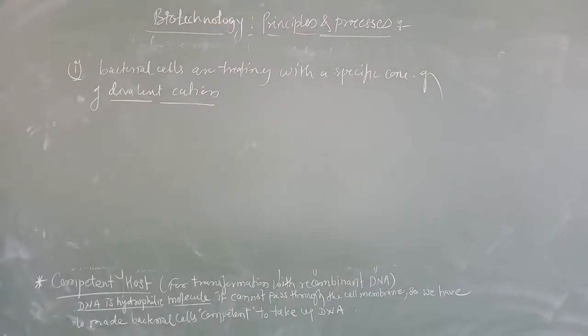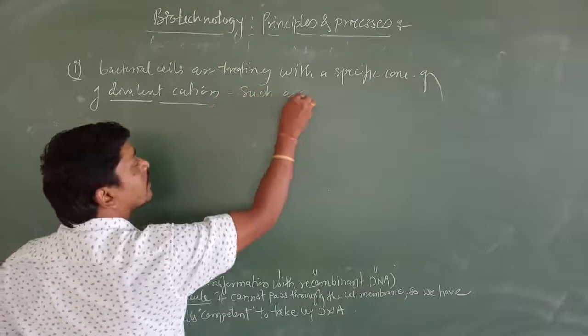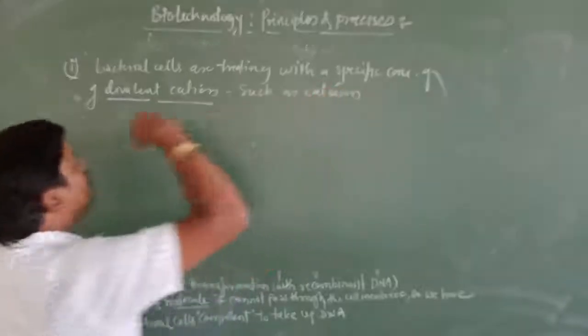This is very important. Divalent cation such as calcium. You are going to treat the bacterial cell with a specific concentration of divalent cation such as calcium, so that what is going to happen?